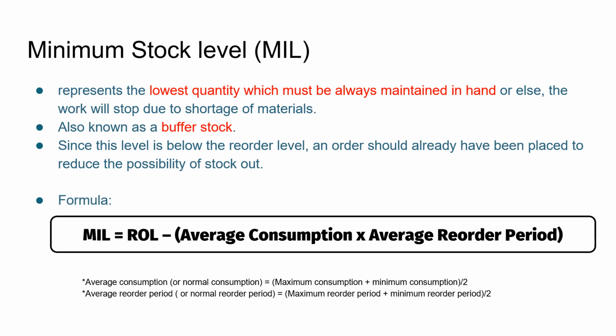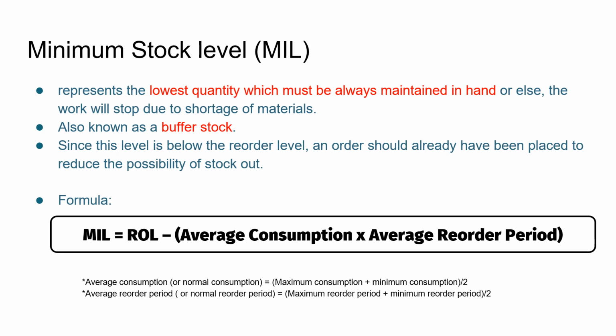This is the minimum quantity that we must have in order to ensure that the production can run well. What will happen if the quantity of material is below the minimum stock level? It will affect our production, of course. We might have to stop the production because of the shortage of materials.